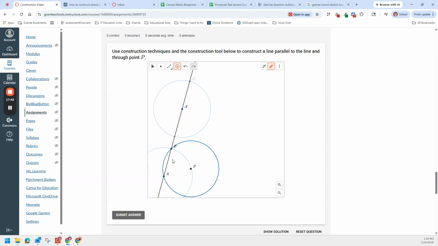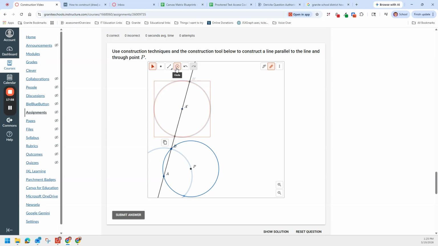Now I want another circle that's going to measure the distance from A to P. I'm going to copy that and put that over there.